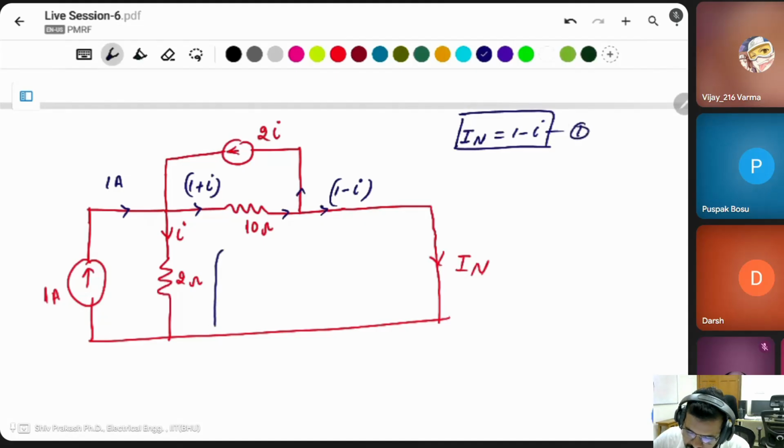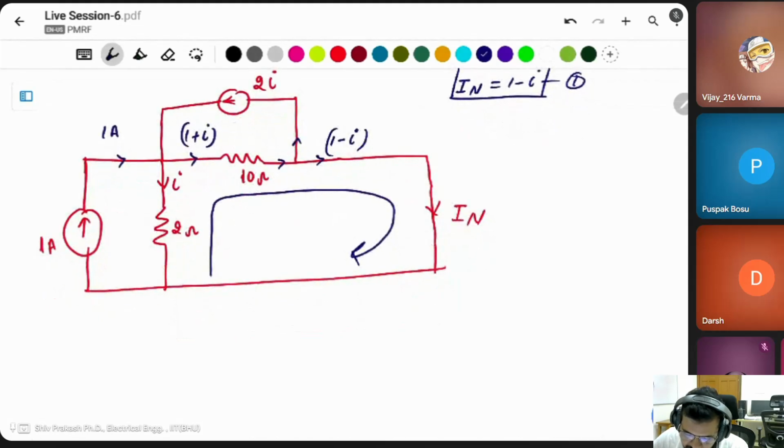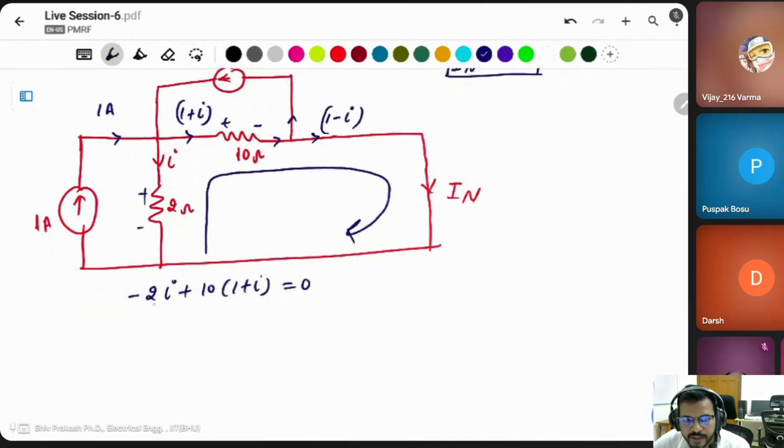Determine the Norton's equivalent current in ampere for the following circuit. Simply asking about the Norton's equivalent current. There are all independent sources, not a dependent source. Then we have to find the Norton's equivalent current.